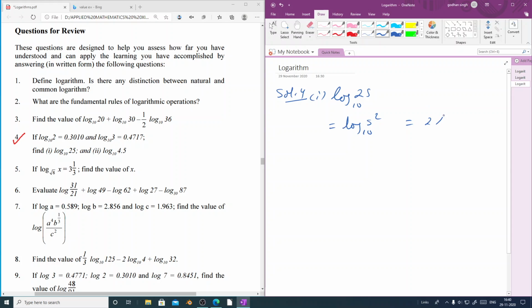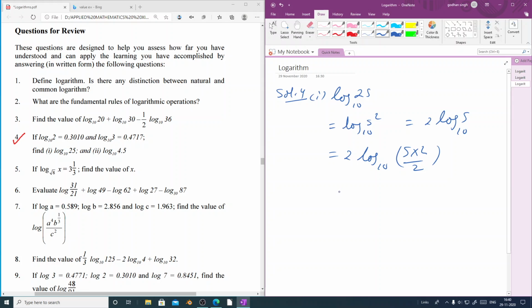But we do not have the value of log 5. The value of log 2 is given to us. So what we can do, we can multiply inside the log function with 2 and divide with 2. So this can be written as 2 log with base 10, 5 into 2 over 2.